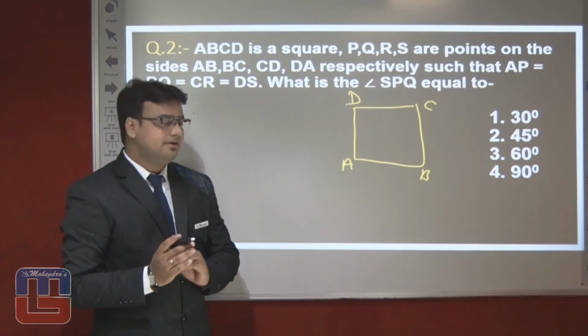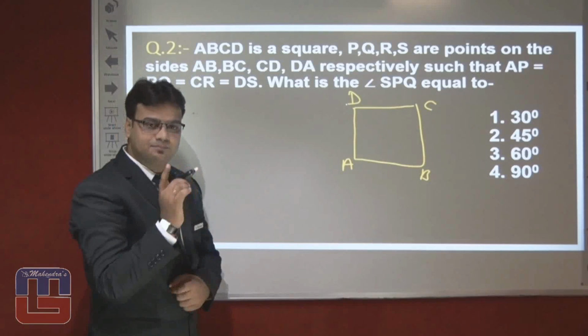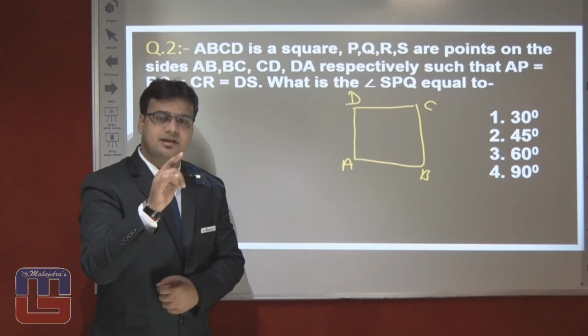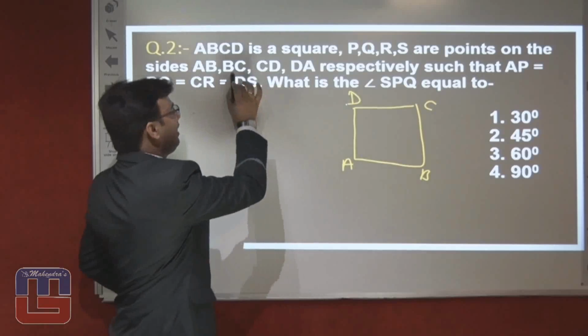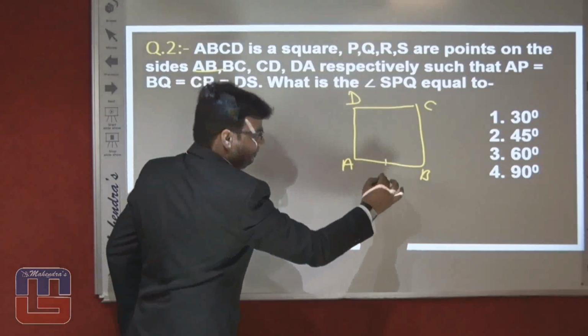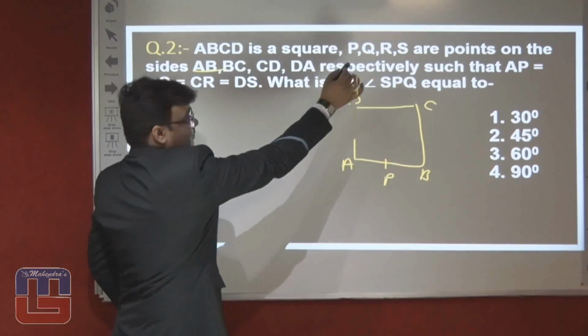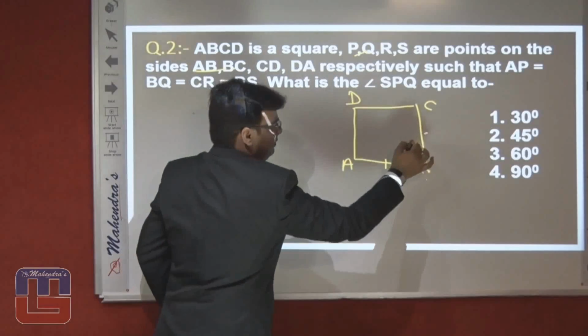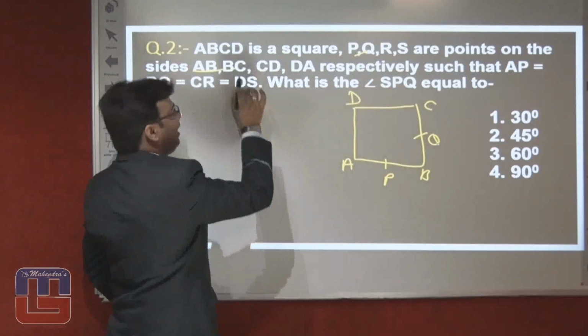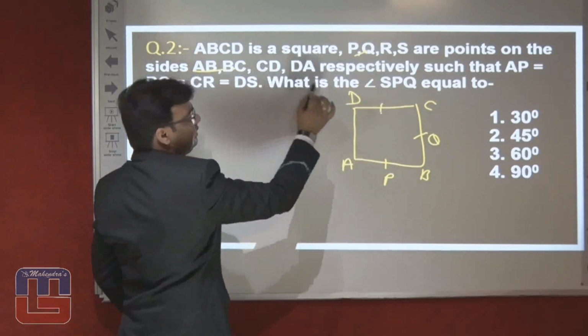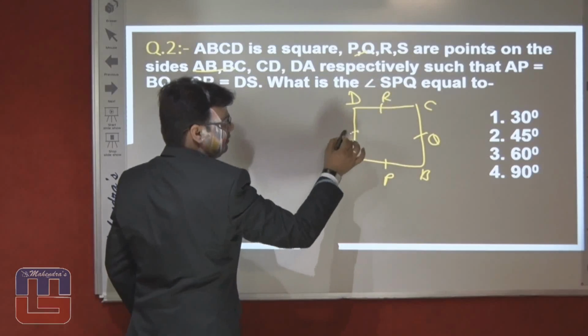P, Q, R, S are points on sides AB, BC, CD and DA respectively. That means P is a point on AB, Q on BC, similarly R on CD and S on DA.